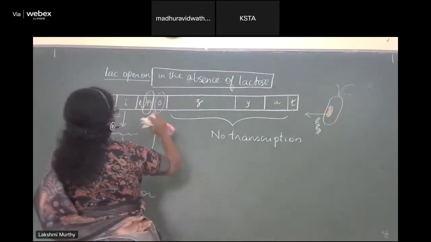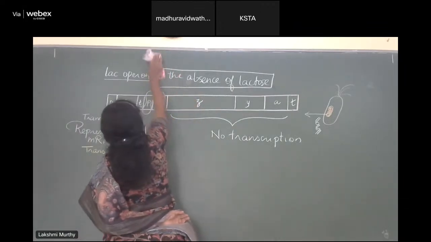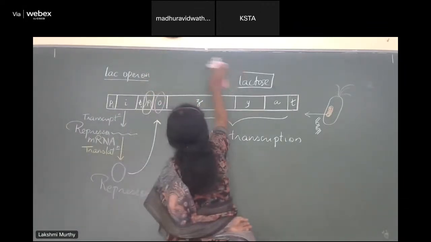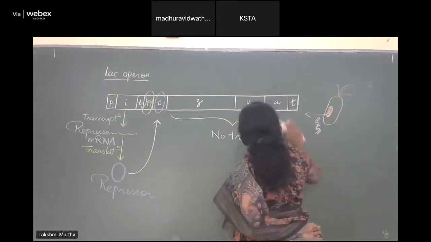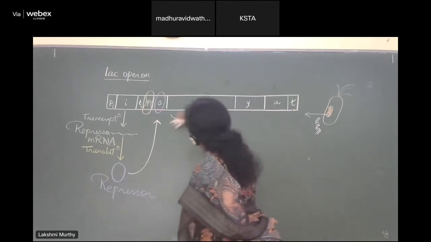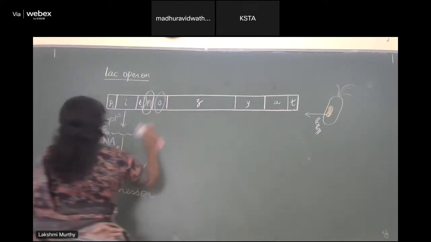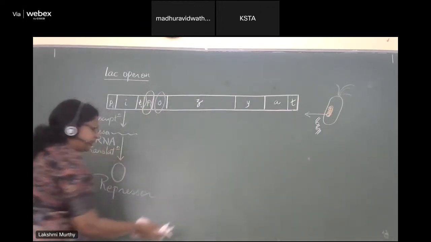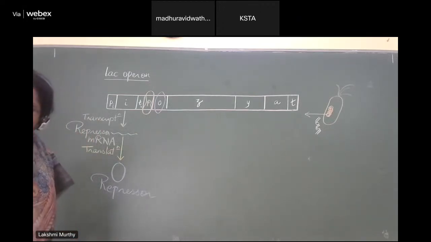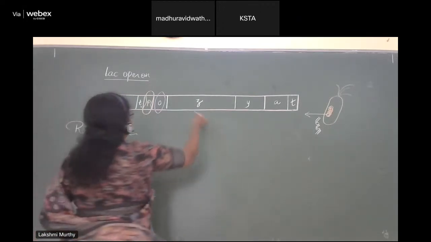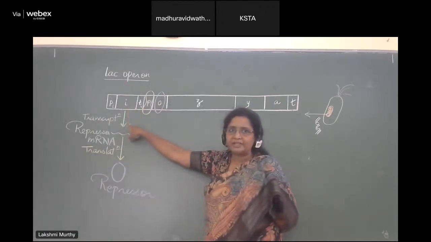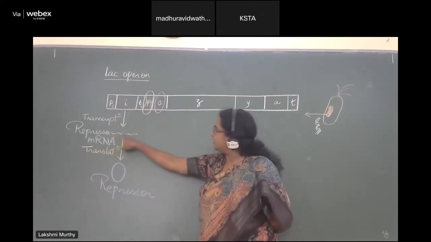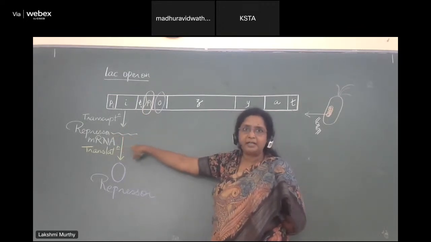Now let us go ahead and see what is going to happen to the lac operon in the presence of lactose. I was just telling you, whether you have lactose or you do not have lactose, this I gene will continue to undergo transcription and produce an mRNA called repressor mRNA.